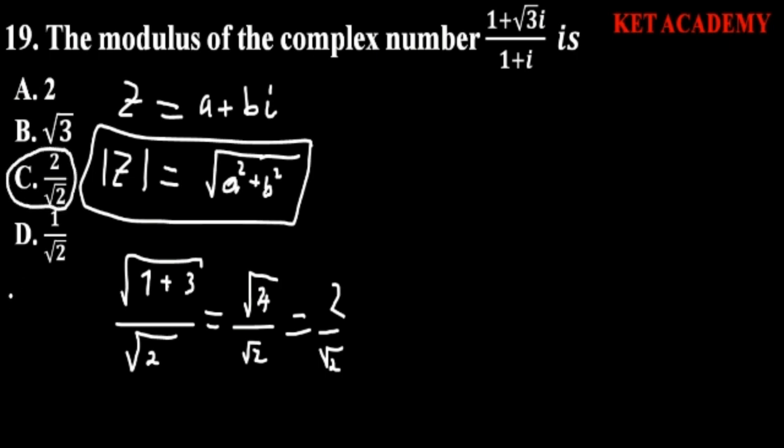Also, note that maybe they might change option C to be something like root 2, because if we multiply the top and the bottom by root 2, we haven't changed anything. This is just to demonstrate something. We are going to have root 2 times root 2 give us 2.